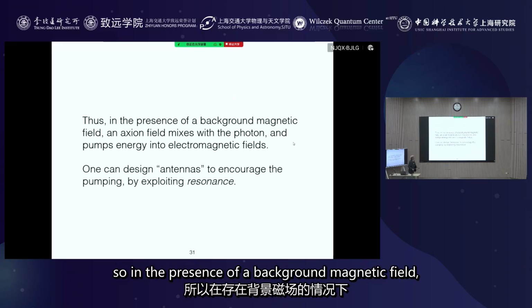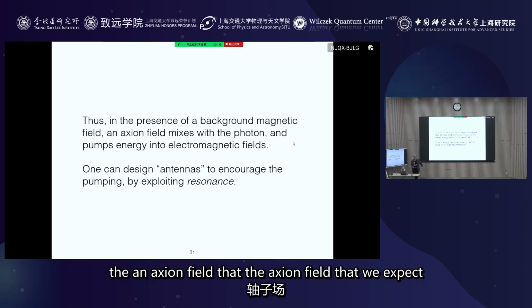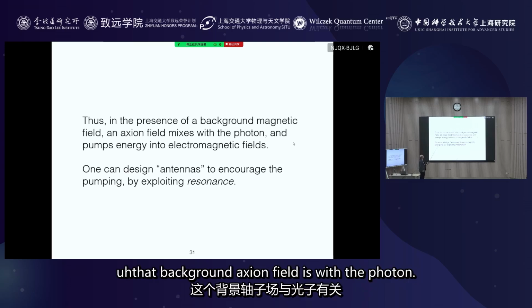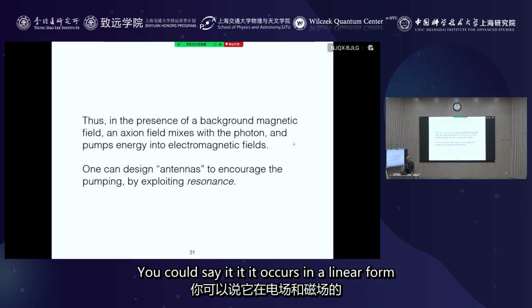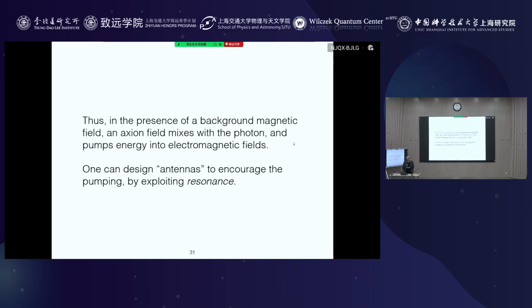So, in the presence of a background magnetic field, the axion field that we expect on the basis of cosmology mixes with the photon, you could say. It occurs in a linear form within the equations for electric and magnetic fields, so it can be considered a mixing.